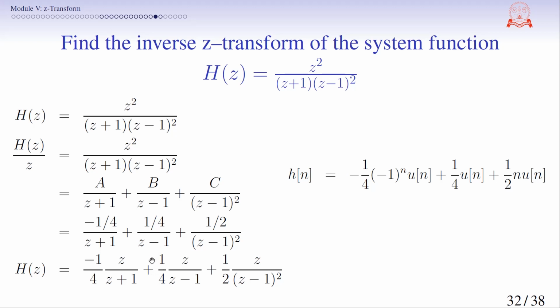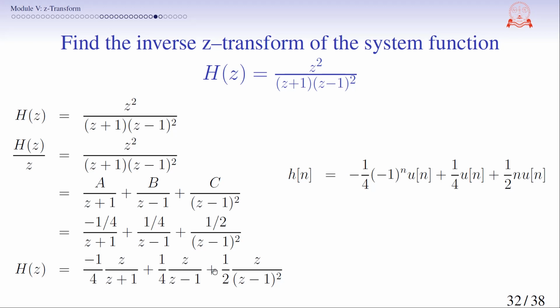Plus the next term is 1 by 4 z divided by (z minus 1), whose inverse Z transform is 1 by 4 into u of n. Z divided by (z minus 1) is the Z transform of the step signal.